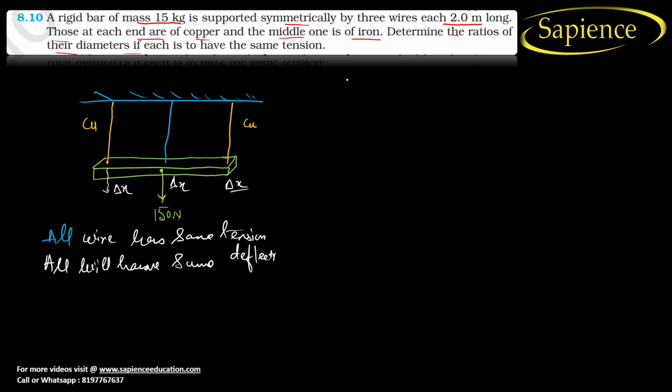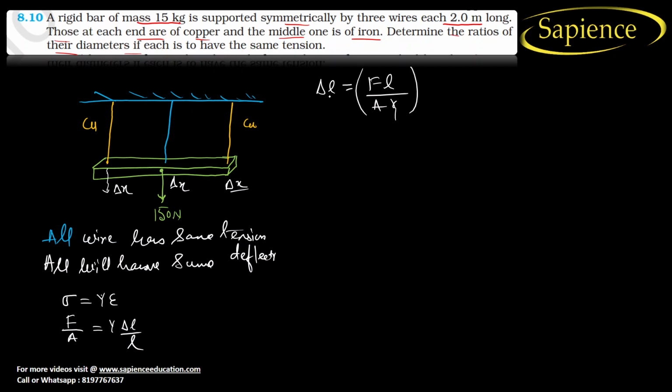Okay. Now let us see our formula for stress. Stress is equal to Young modulus of elasticity into strain. So stress is force by area, and this is equal to Young modulus of elasticity into delta L by L. Now delta L is equal to FL by AY.